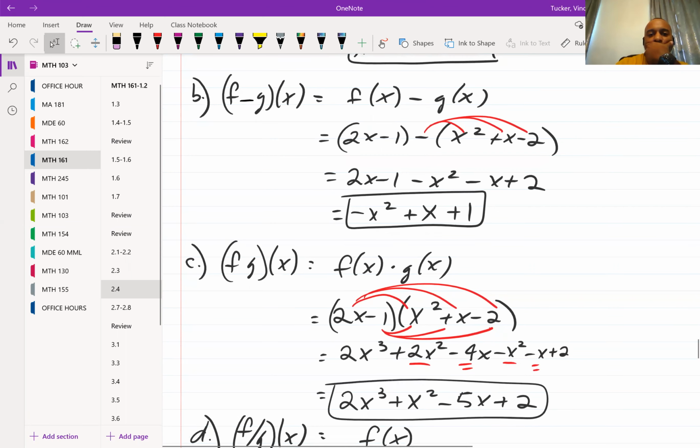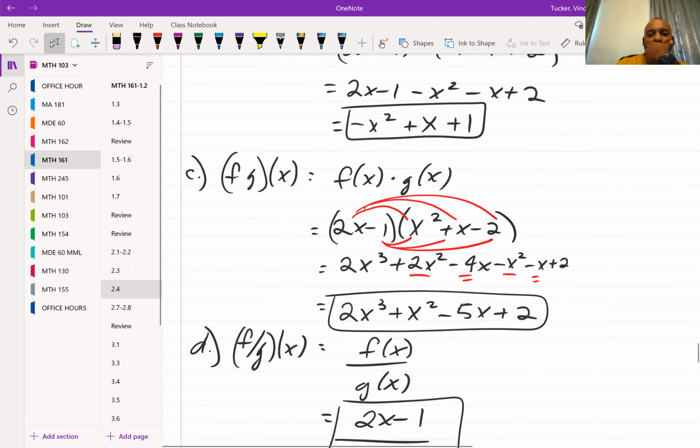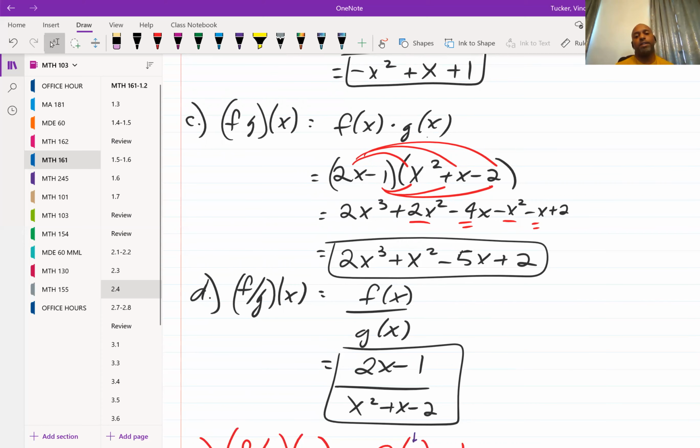All right, so everybody good? All right, so D. So D is f over g of x, f of x over g of x. So just place f of x over g of x. Now if you could factor and things could cancel out, you would be expected to do so.